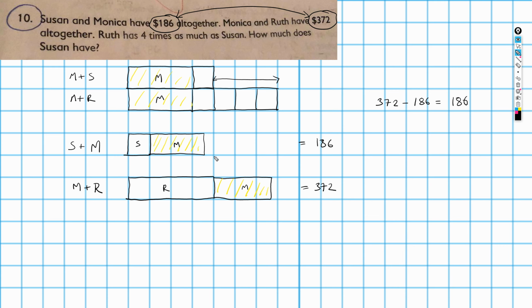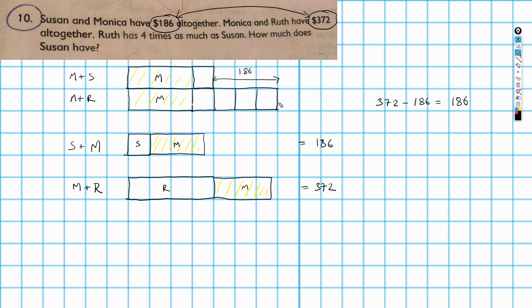Drawing it into the first model, it wouldn't have been easy to see. Now, because I've redrawn it, it's much easier to see what's going on. So we now know that this is 186. And we know that this difference of 186 is equivalent to these 3 equal parts.